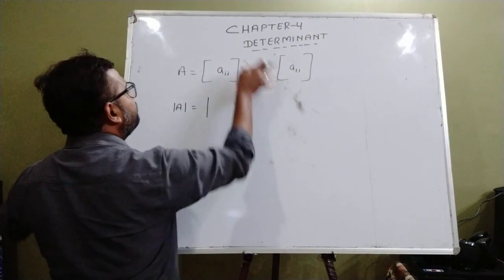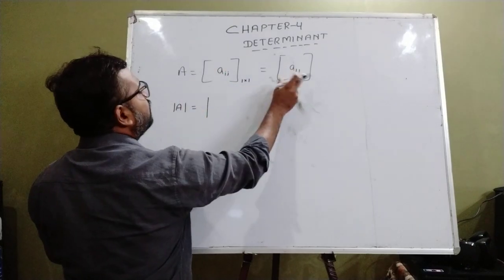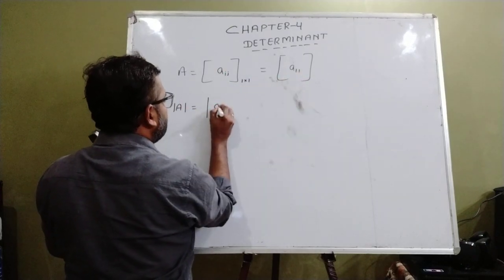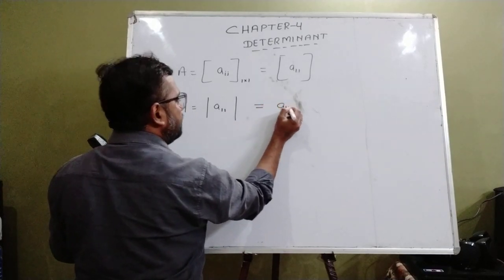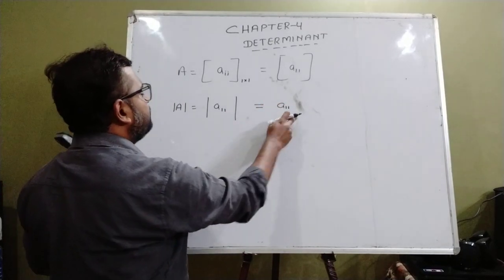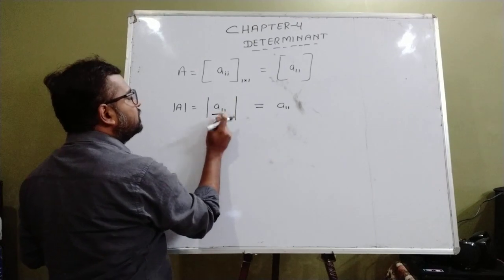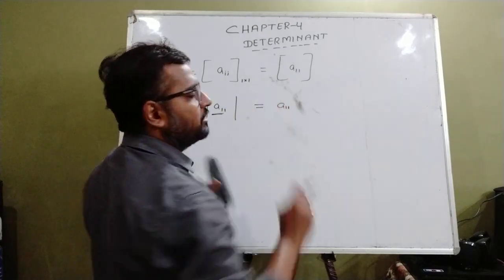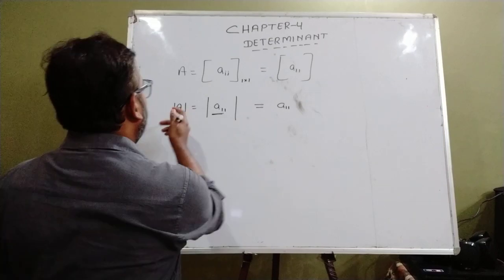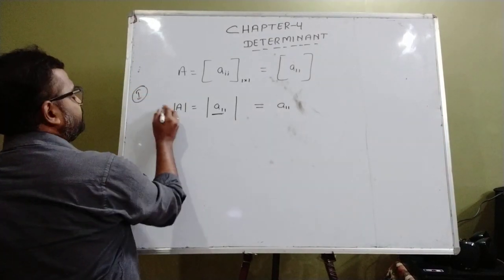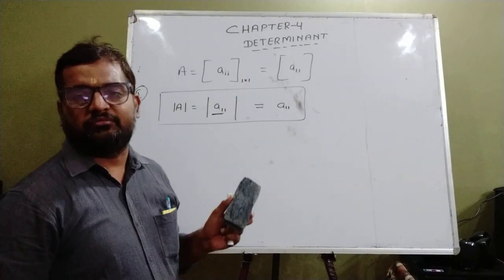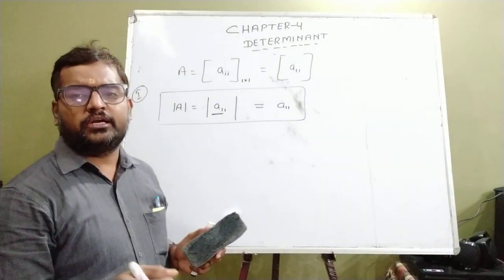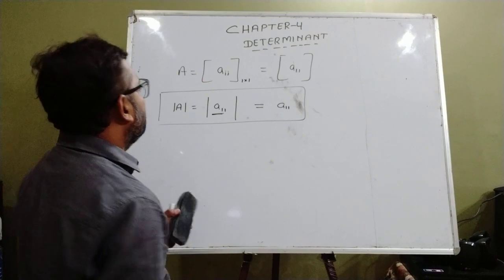The determinant of this 1 by 1 square matrix is represented by A11, and its value is the same: whatever the element is, that itself will be the value of its determinant. This is the first order determinant value.